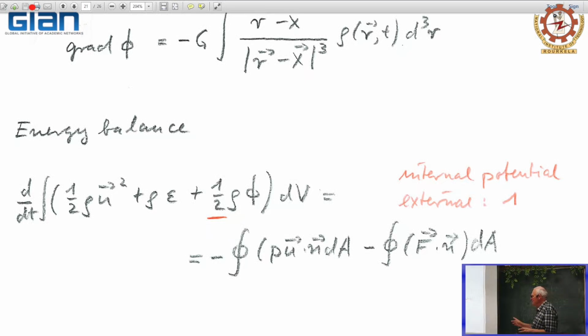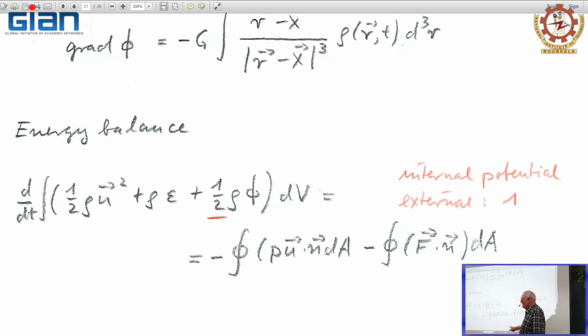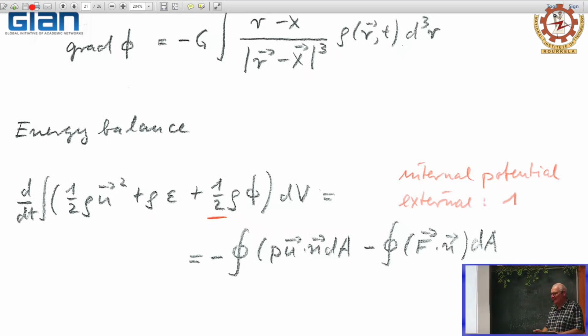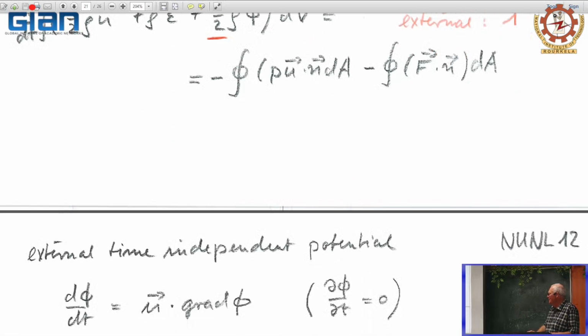When we published this paper, the referee asked us, could you provide a proof for this factor 1/2? So we added an appendix which includes the proof for factor 1/2 for the internal potential and for factor 1 for the external potential. If you are not familiar with that, you can take the proof from there.